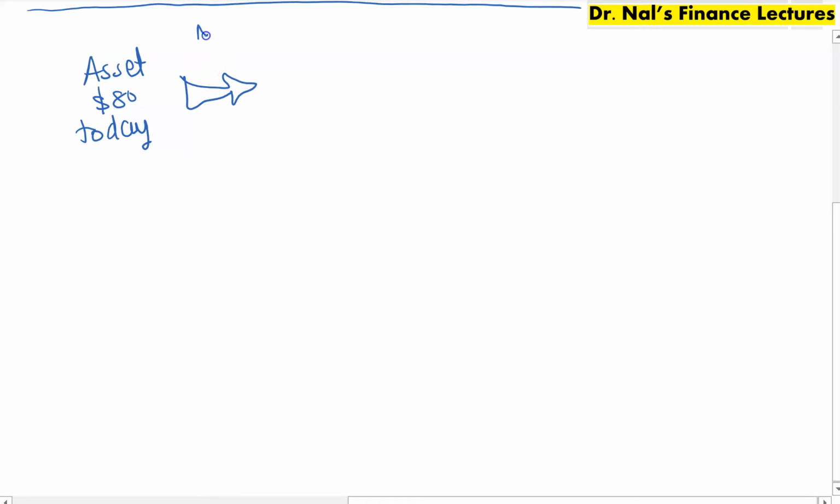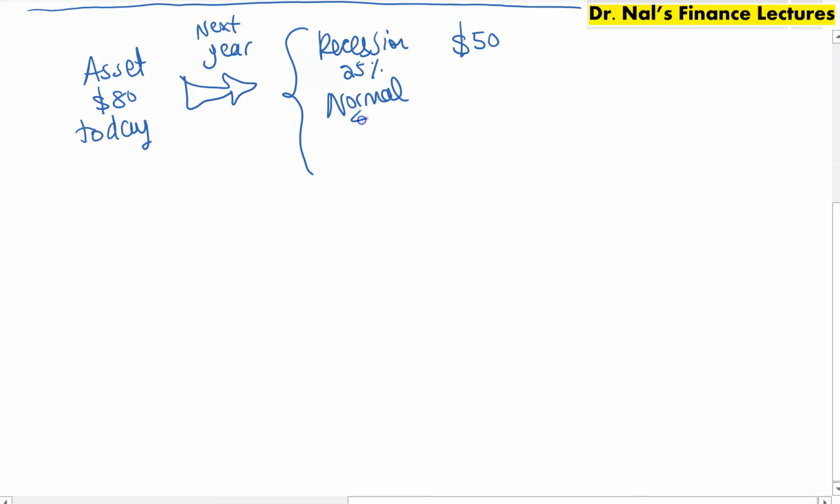So this is next year. Either we will end up in state 1, where the economy is in a recession, which will happen with a 25% chance, and our asset will be worth only $55.